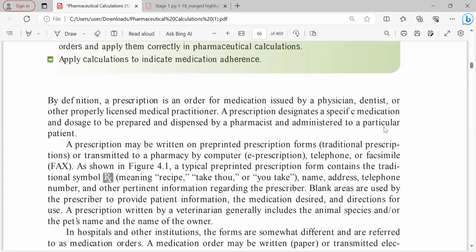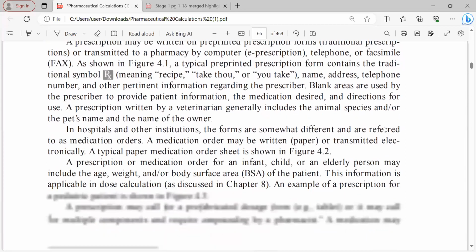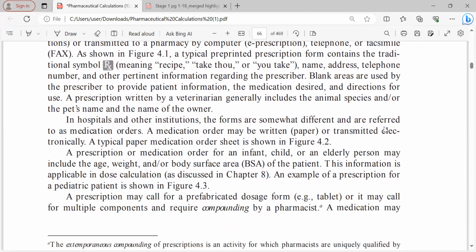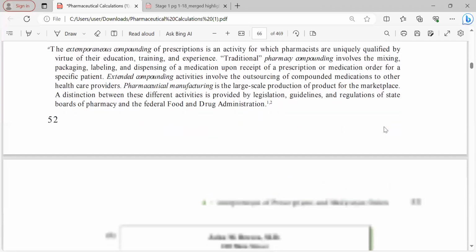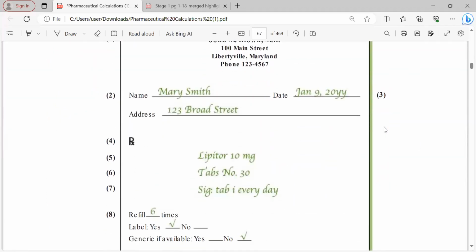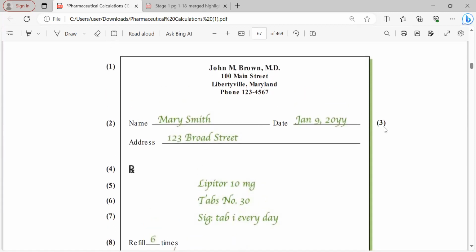Now let's look at an example of a prescription. When you get a prescription like this, before you dispense, you're first supposed to verify it. You will check if the prescription has the details of the prescriber, the details of the patient, and so on.